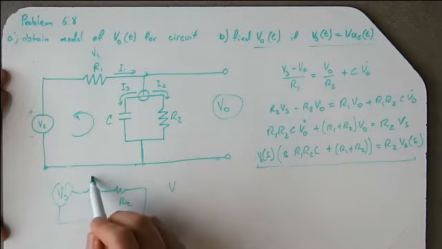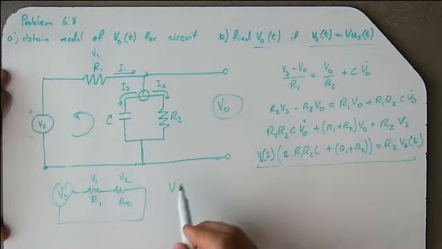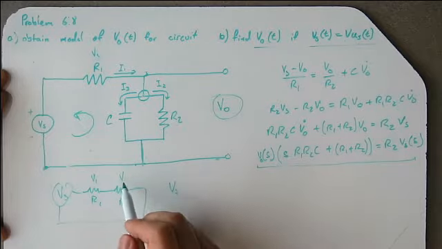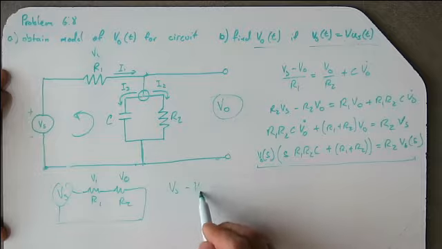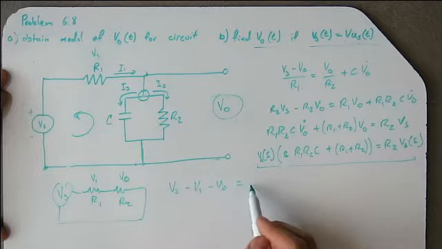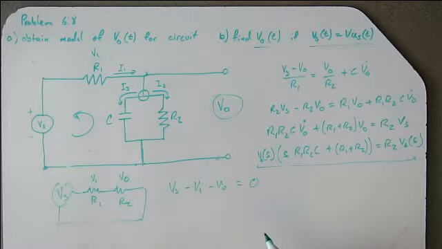I'll call this V1 and V2. Well, I'll call this V out, because that's the one we're measuring. Minus V1 minus V out equals 0.